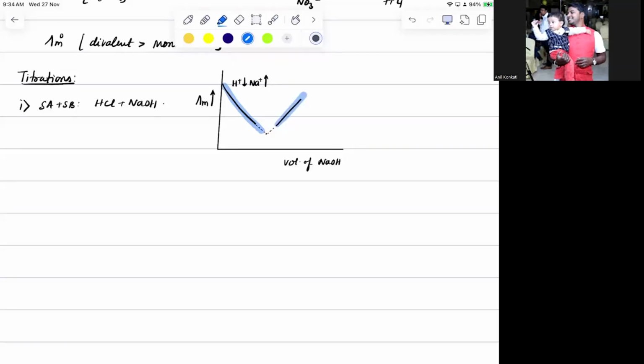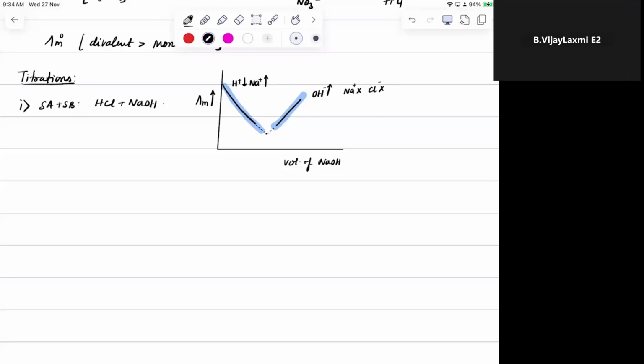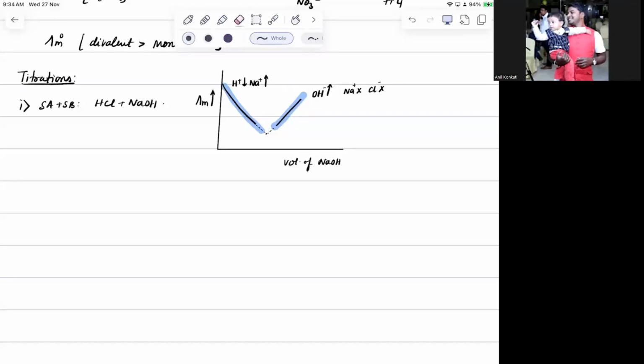Now here, OH minus concentration is increasing, Na plus is increasing, and Cl minus concentration is not changing.